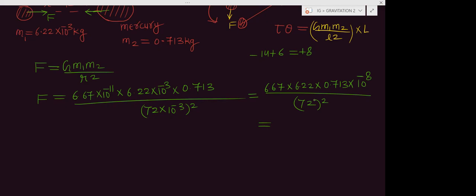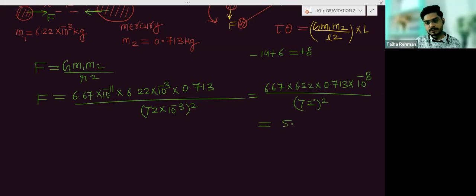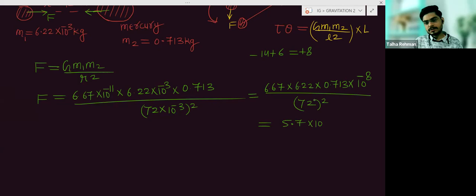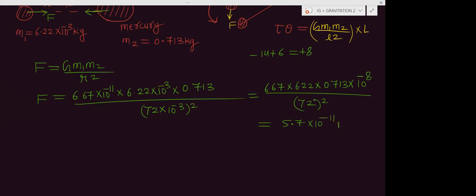So it's 5.7 times 10 to the power of negative 11. And what is the unit of force? Newton.